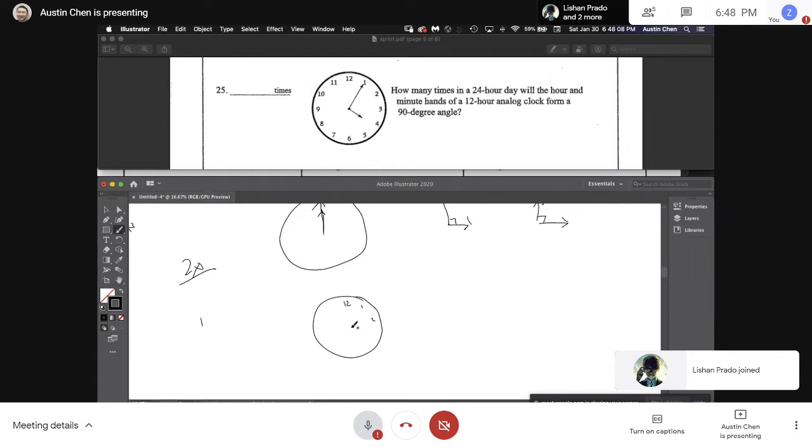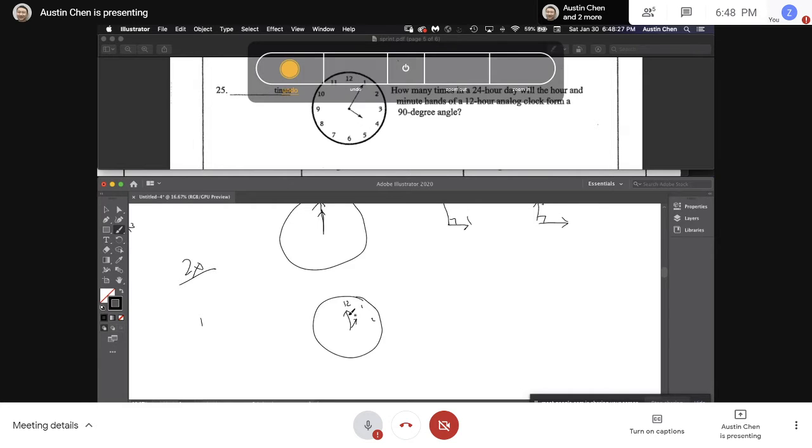Okay, so we're at the first hour now. So the hour hand is at 1 and the minute hand is at 12. The minute hand is going to go around all the way to 12, and then the hour hand is going to go slowly to 2. And we can see that there's going to be another right angle forming.